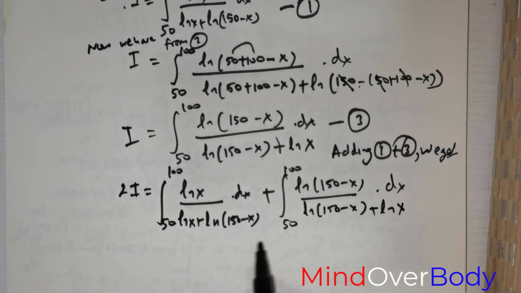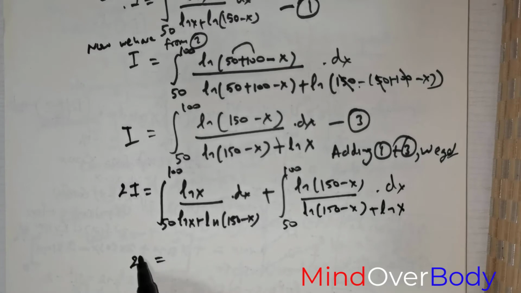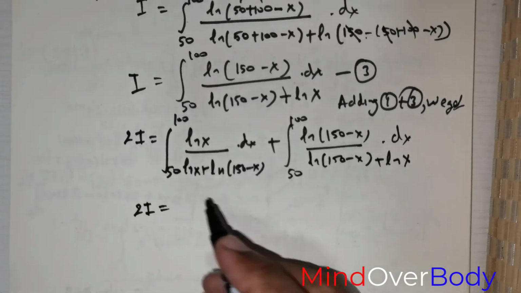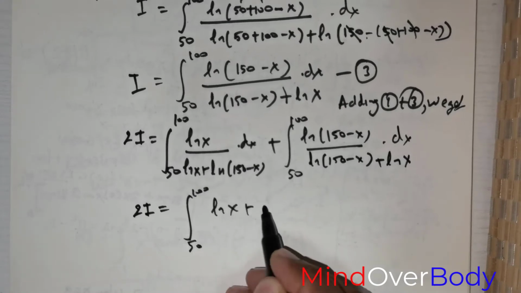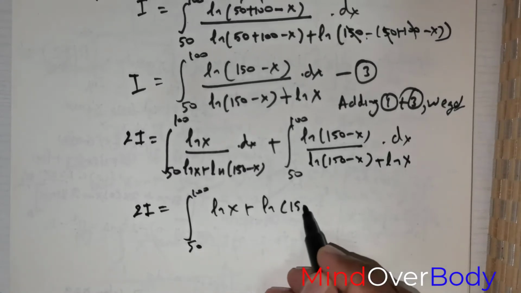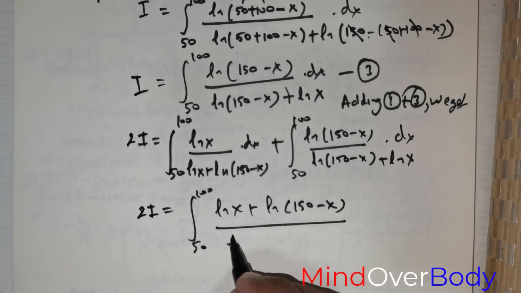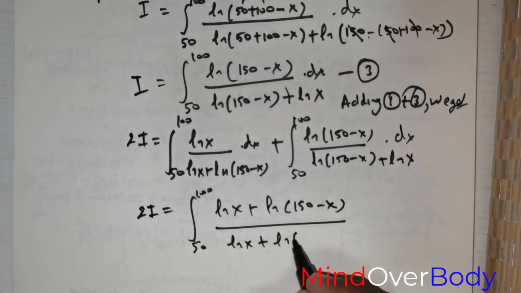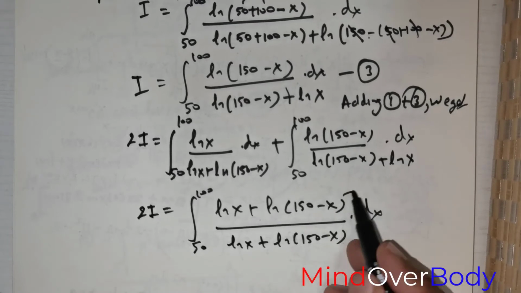The denominator is one and the same, and thereby we can club them. So we got 2I is equal to the integral from 50 to 100 of ln x plus ln of (150 minus x) divided by ln x plus ln of (150 minus x) times dx.